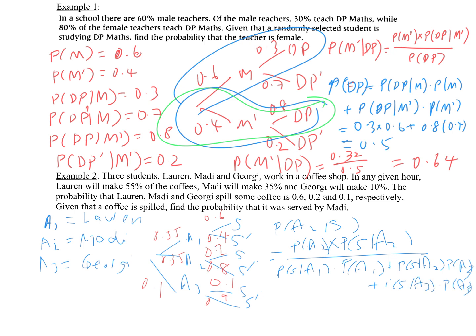All you have to do is follow the formula and substitute in the values. We're looking at all the situations when it is spilled, so this is all the possible sample space.